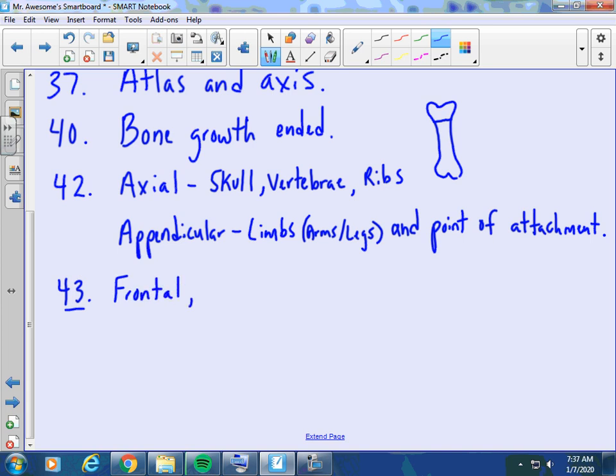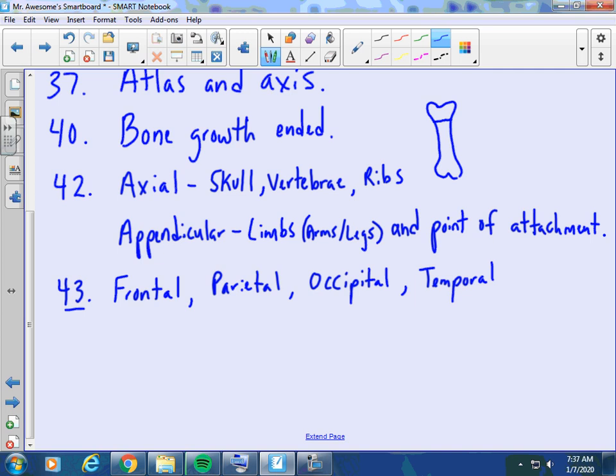To the top and the sides, we have the parietal bone. And then in the back, we have the occipital. These regions also refer to different lobes in the brain. On the sides, we have the temporal. So I think those are some major ones.